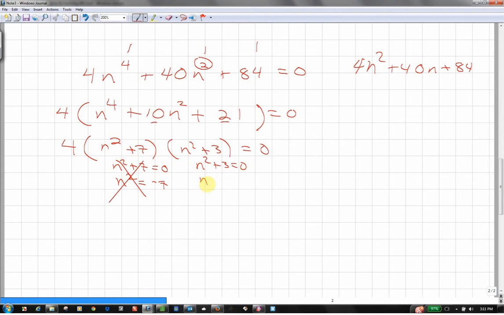Move the 3 over, n squared is a negative 3, and once again if I take the square root of both sides, this also gives me an imaginary number. So for this particular problem, although it would have 4 imaginary zeros, we're looking for real roots. This would have 0 real roots.